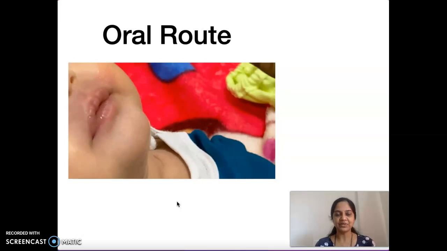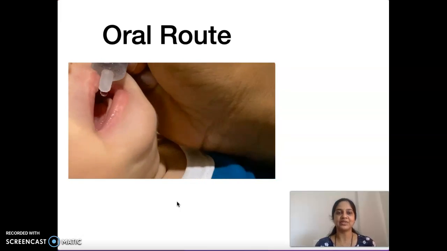You need to be really patient when we do give oral vaccinations.